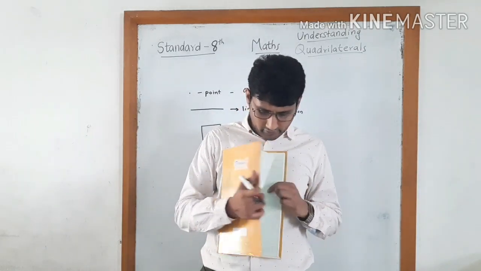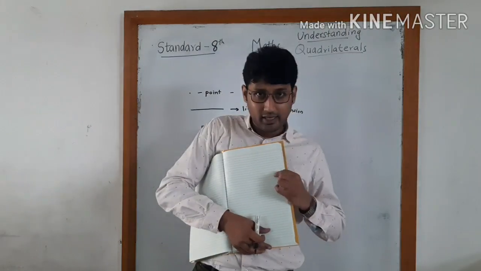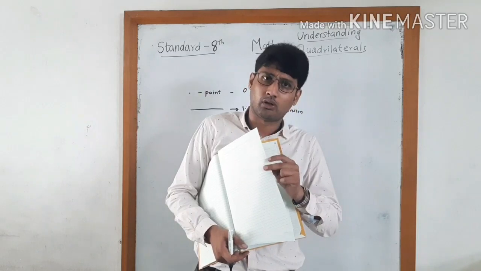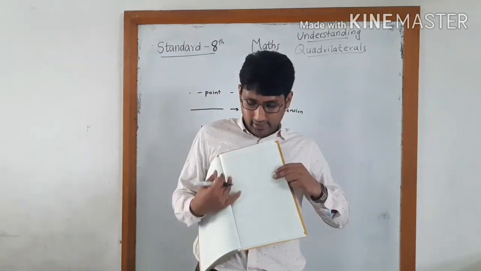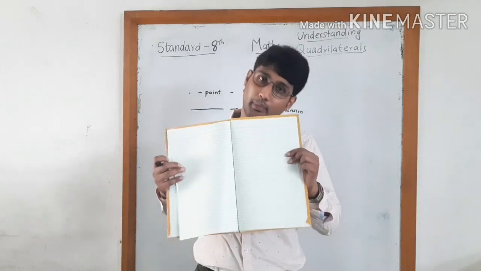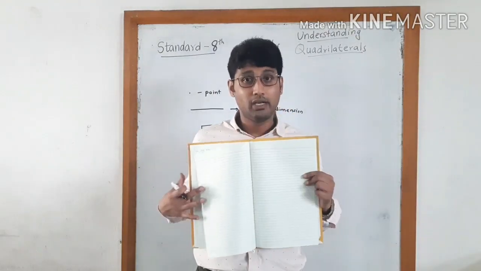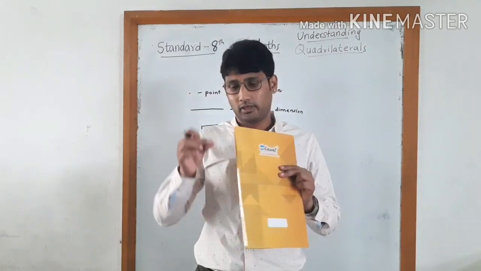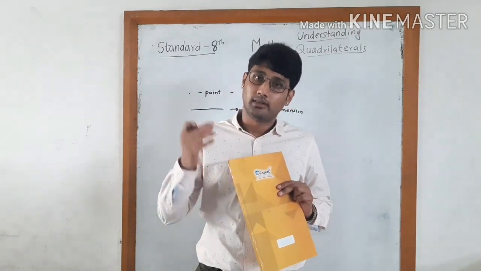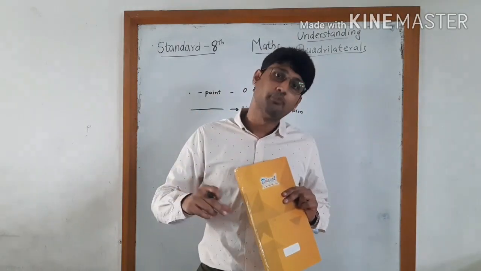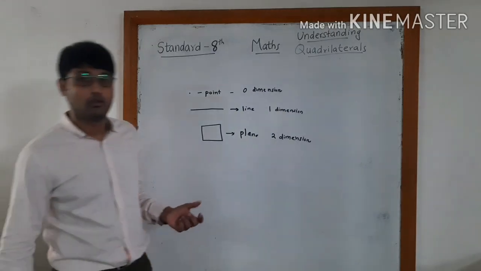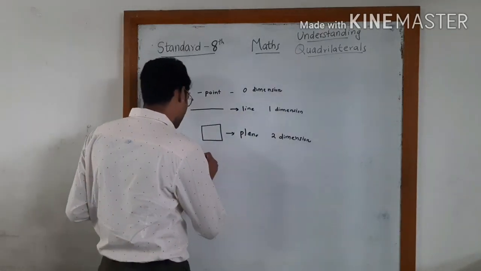If I take a single individual paper and we ignore the thickness, this has length and breadth, so this can be considered a plane, right? But if I consider the whole notebook, it also has thickness, so it has a 3rd dimension. Thickness can be called depth also. So it has 3 dimensions, and such objects are called solids.